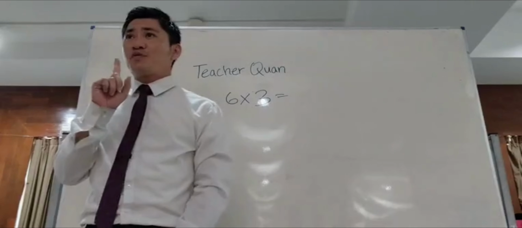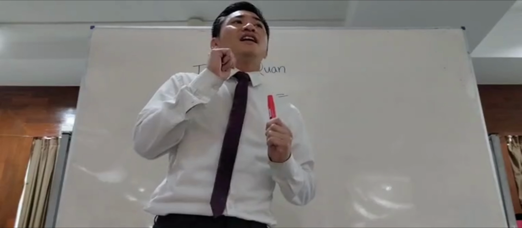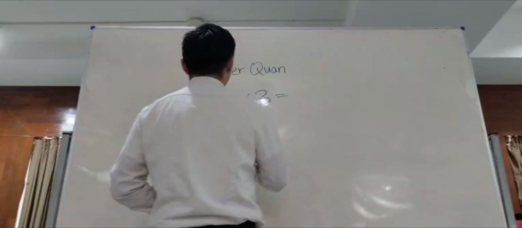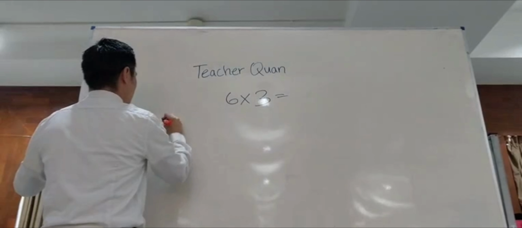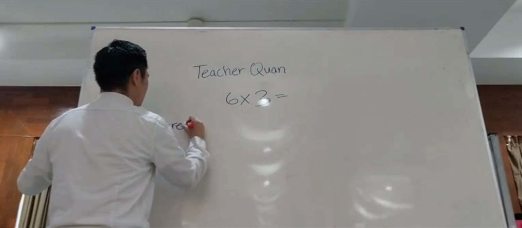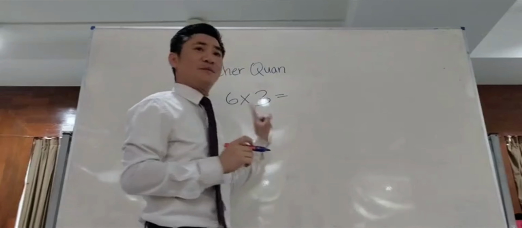So the first approach we will use is the picture method. So we're going to use pictures to solve 6 times 3, okay?